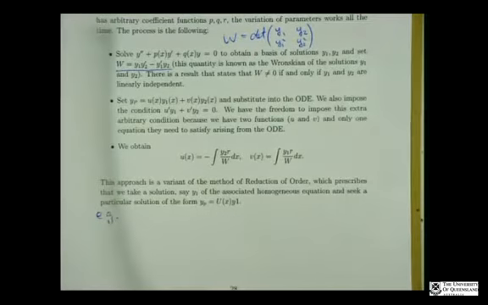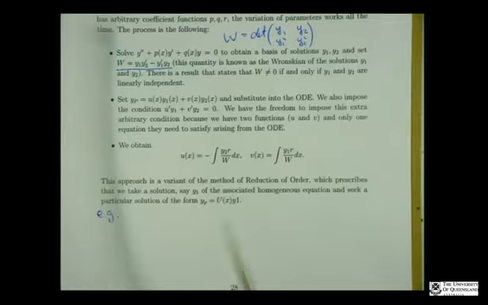I mentioned just now that in the case of a second order equation, it's very easy to determine whether or not solutions are linearly independent, since you look to see if one is a multiple of the other. But what happens if it's a sixth order or seventh order equation? We need 7 linearly independent solutions. Maybe that's not so easy to work out, but it turns out we can use that result regarding the Wronskian.